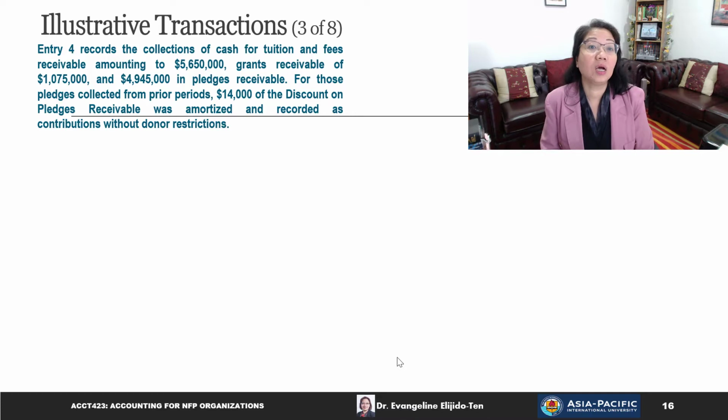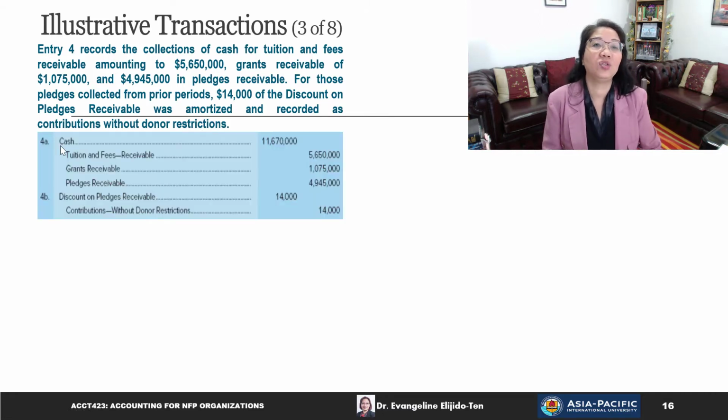This records the collections of cash for tuition and fees receivable amounting to $5,650,000, grants receivable of $1,075,000, and $4,945,000 in pledges receivable. For those pledges collected from prior periods, $14,000 of the discount on pledges receivable was amortized and recorded as contributions without donor restrictions.